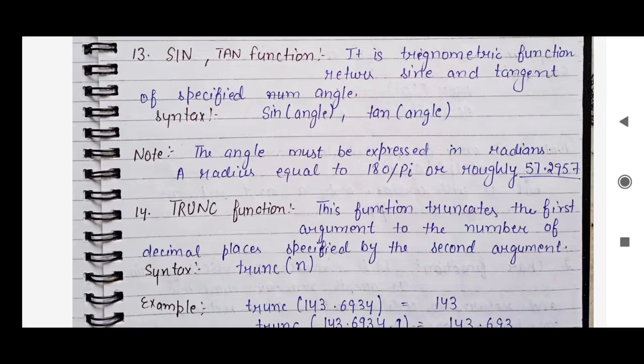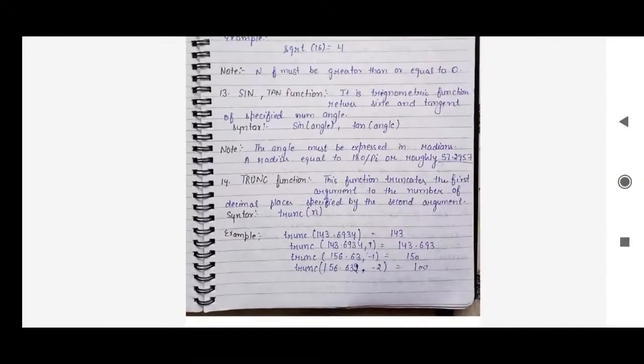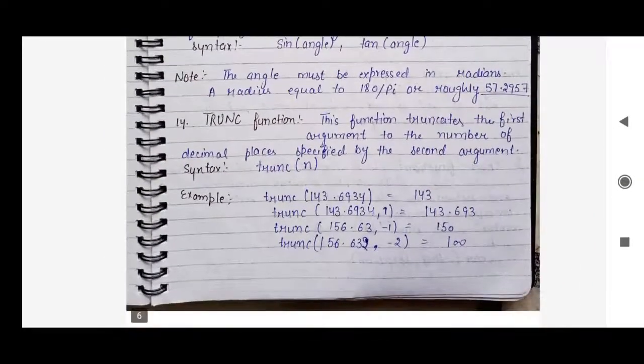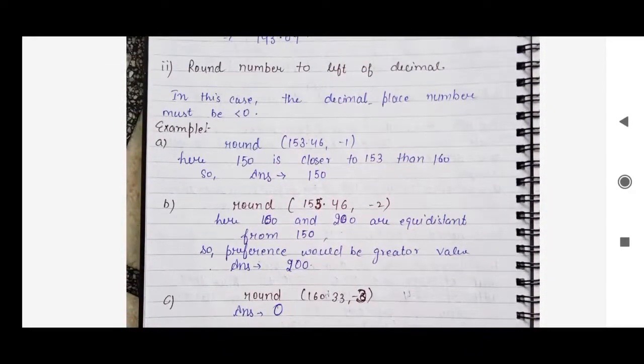Next is the truncate function. Now you may get a little confused about the basic difference between truncate and round function, because the truncate function is also used to truncate values, on the right side as well as the left side. But how is it different from the round function? In the round function we have seen that whenever it rounds the values, it finds the closest value.